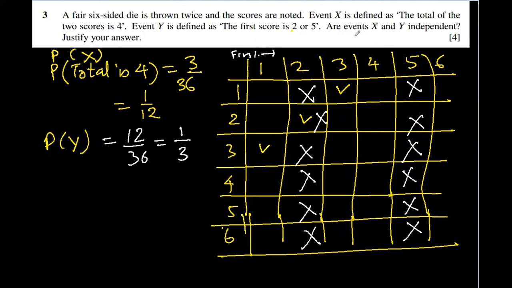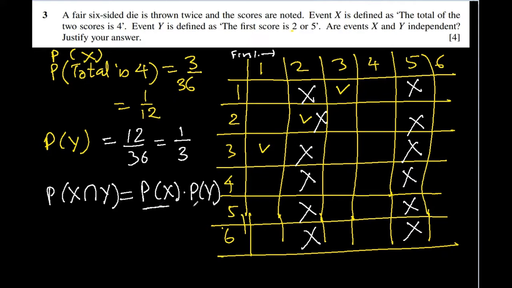Alright, done. Are events x and y independent? Justify your answer. So you must know that two events are independent if the probability of x intersection y is the same as probability of x multiplied by probability of y. The converse of this is also true.